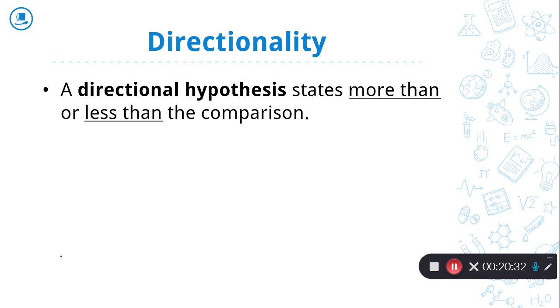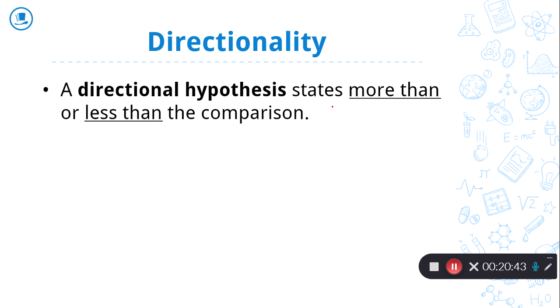Now, there's a couple different things to think about with alternative hypotheses. Null hypotheses always have an equal sign in them, but with alternative hypotheses, we need to consider directionality. A directional hypothesis states more than or less than the comparison population.